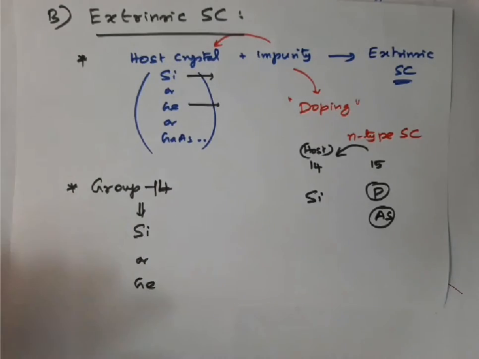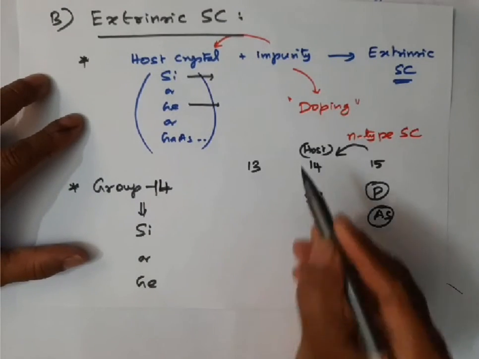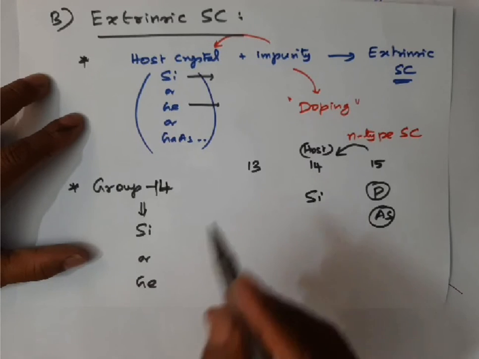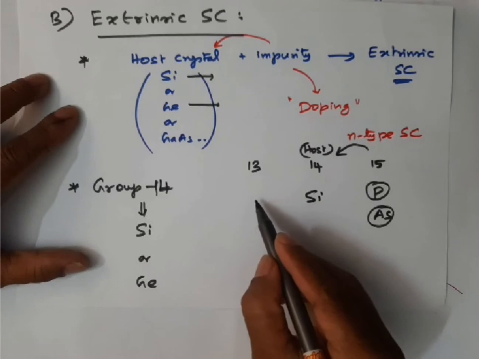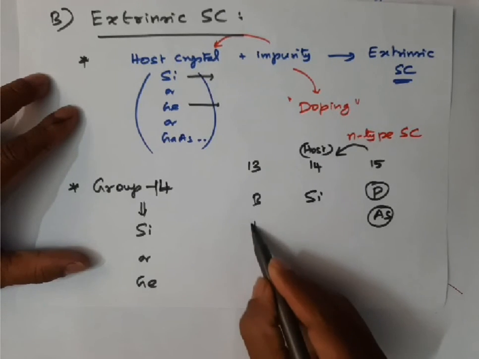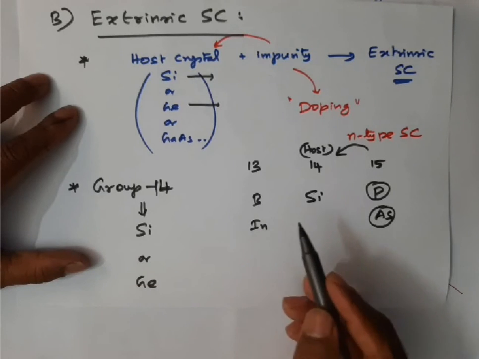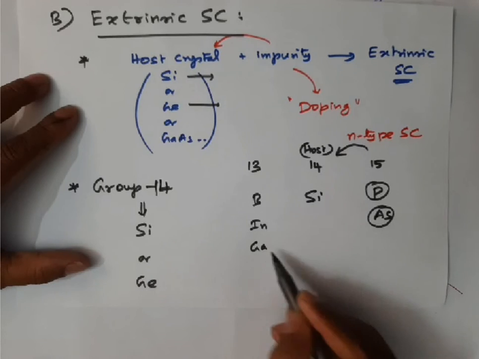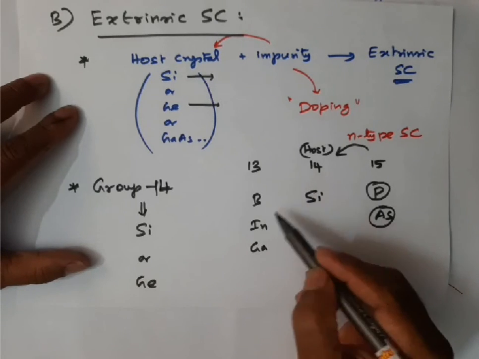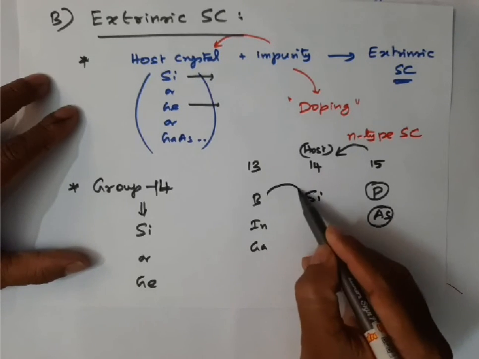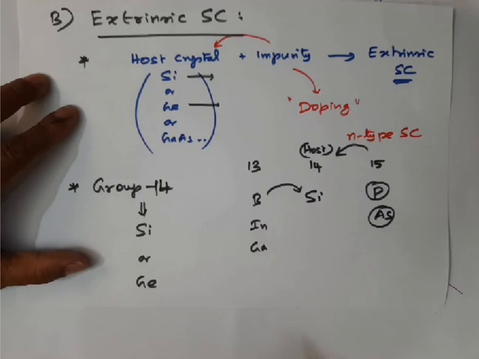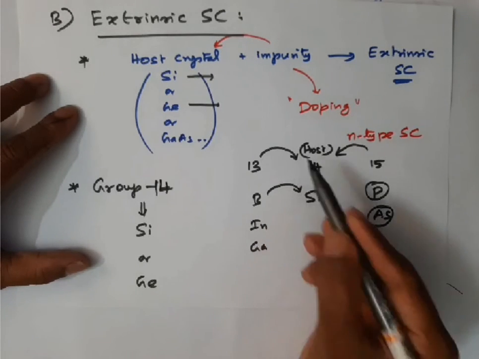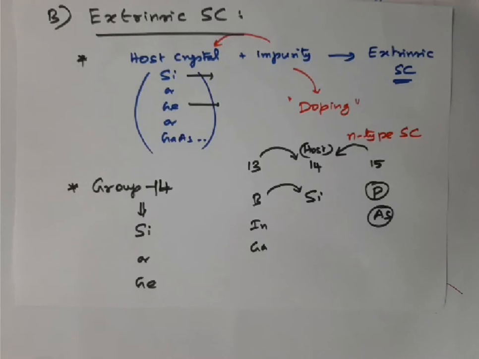Similarly, if you add an element from group 13, in group 13 we have boron, indium, gallium, many elements. If you add boron or indium, anyone, to this silicon, so I'm adding a group 13 element to group 14.